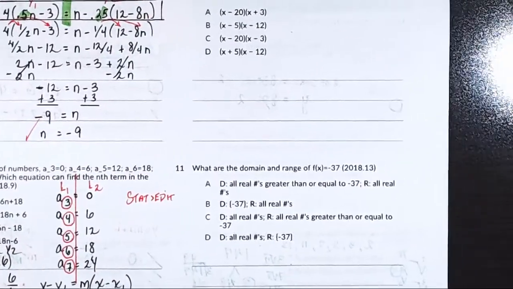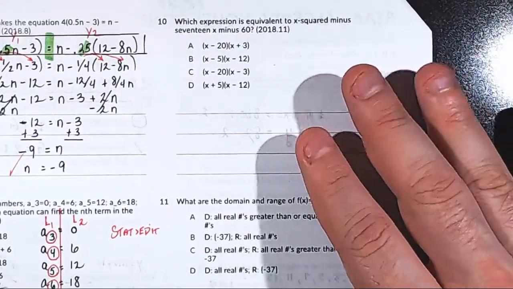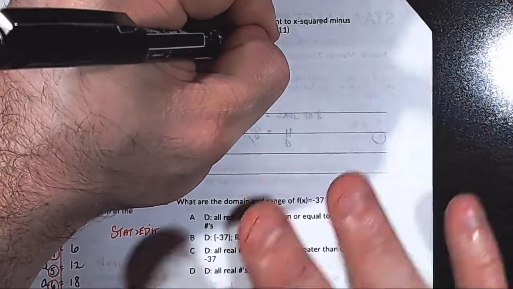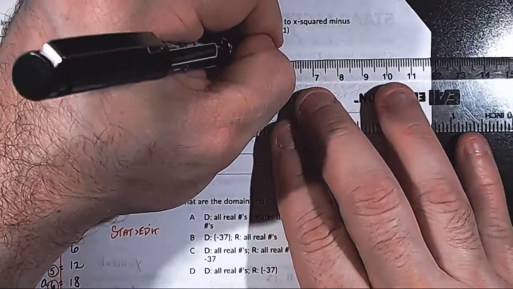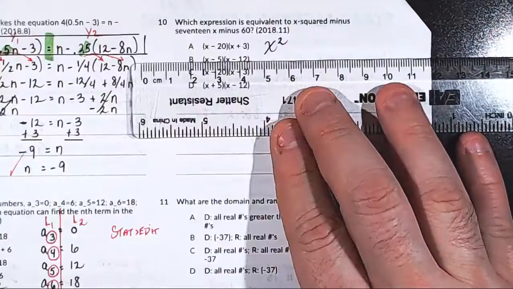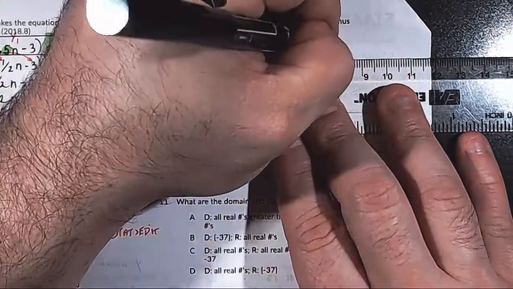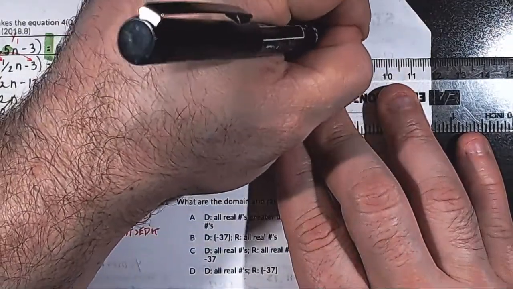Number 10, which expression is equivalent to x squared minus 17x minus 60? Okay, the first step is always to write out what it said. It said x squared minus 17x minus 60.